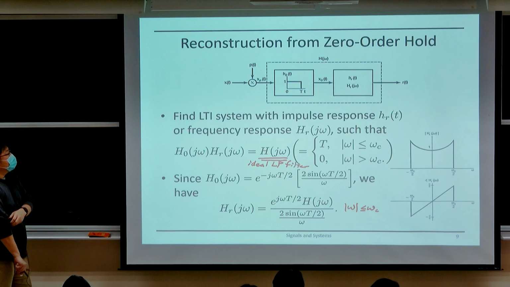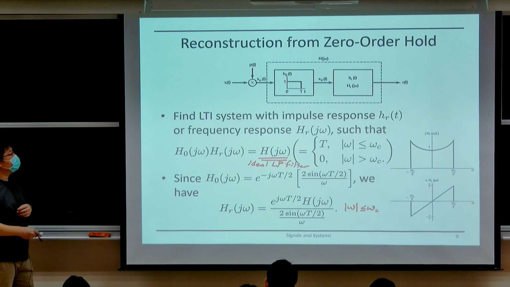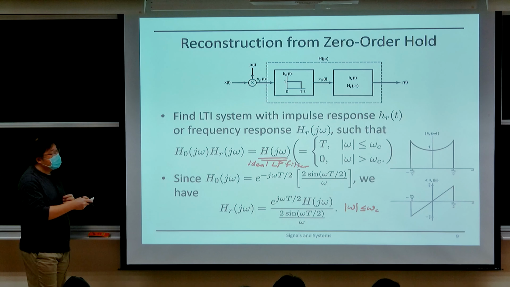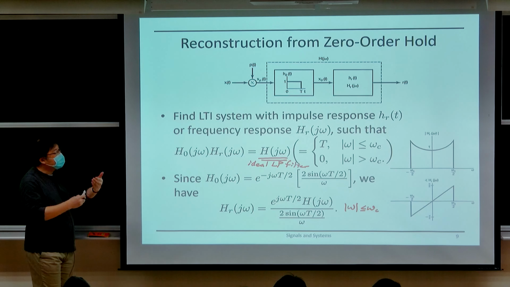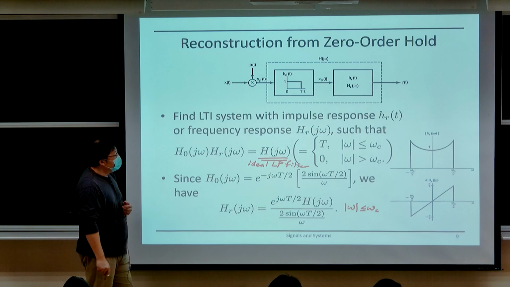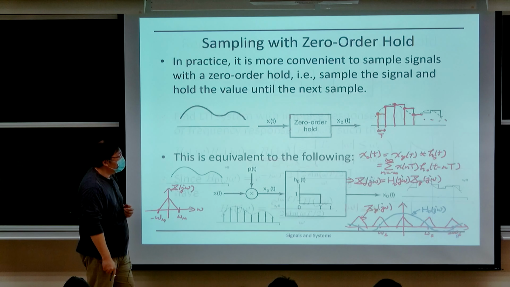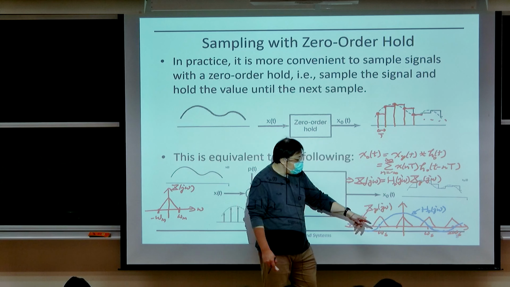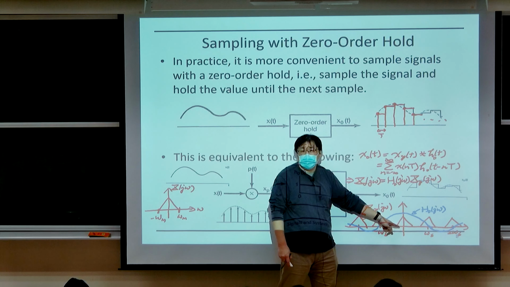So sometimes in practice, to avoid having to generate this filter for compensation, what we can do is actually just sample faster.